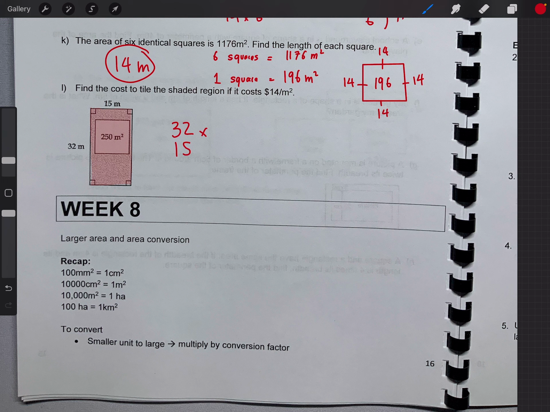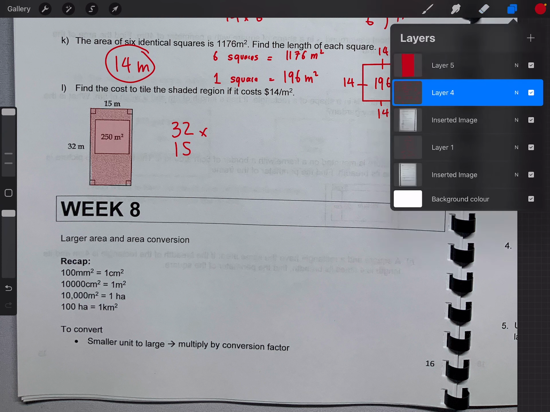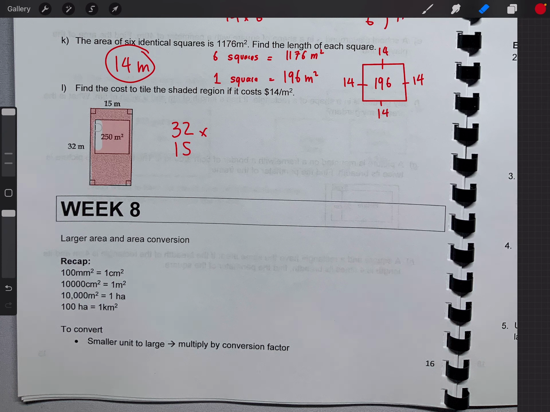Then we're going to subtract the area of the middle part, which is given to us to be 250. So let's do this one first. 5 times 2 is 10, 15, 16, 0, 32, 0, 8, 4. So that'll be 480. The area of the entire rectangle is 480.